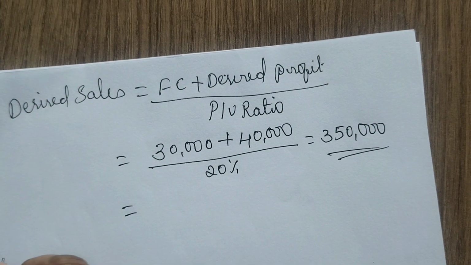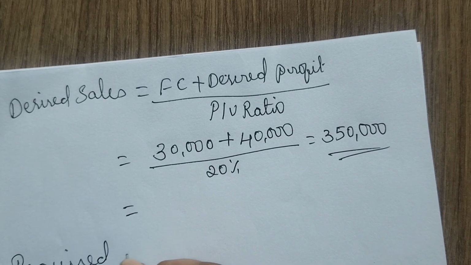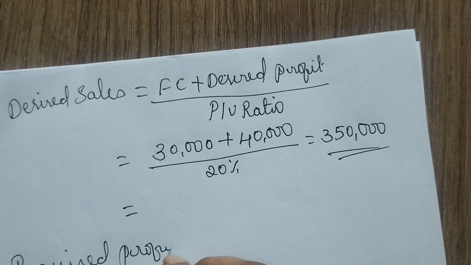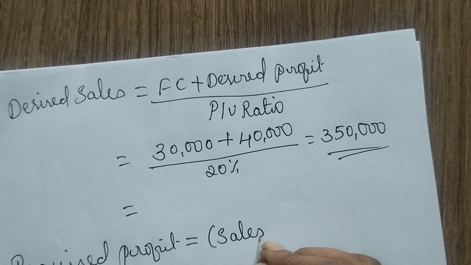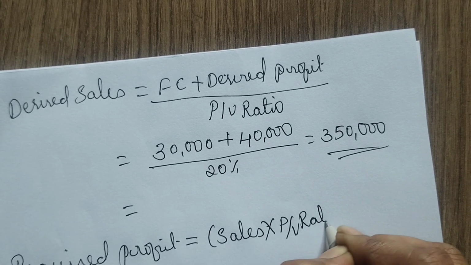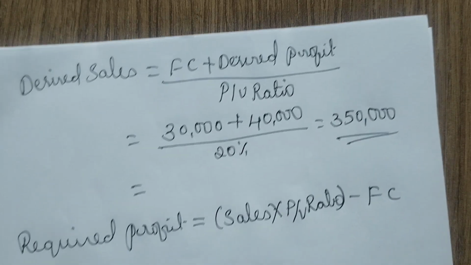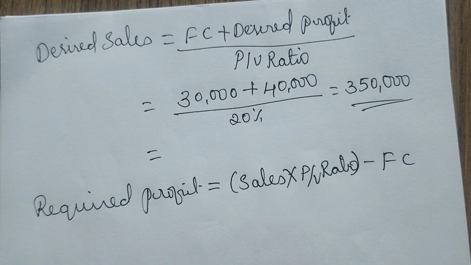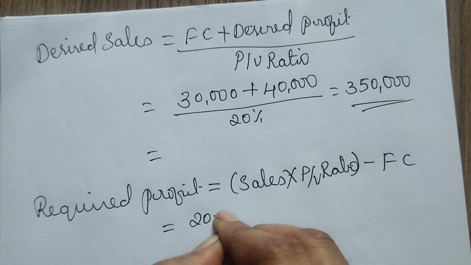Now let us calculate profit when sales are rupees 2 lakh. Required profit is equal to sales into PV ratio minus fixed cost. Sales is given, 2 lakh.